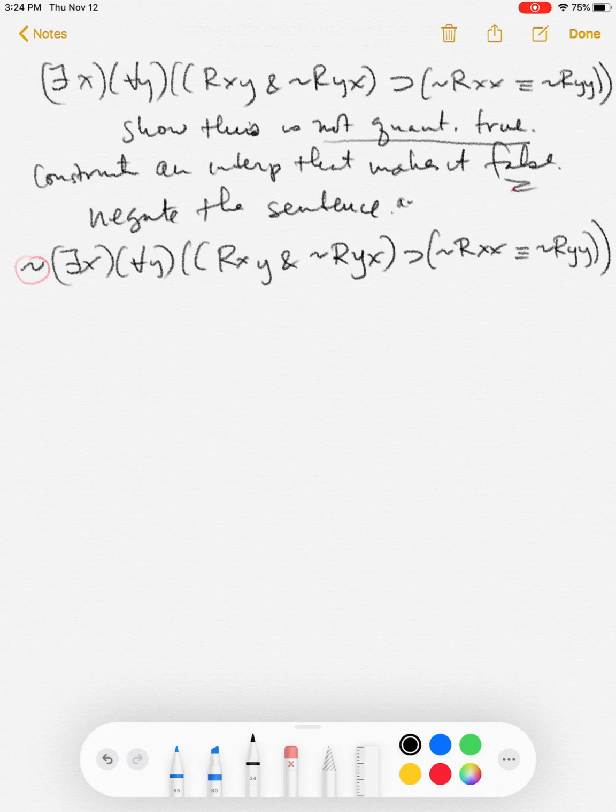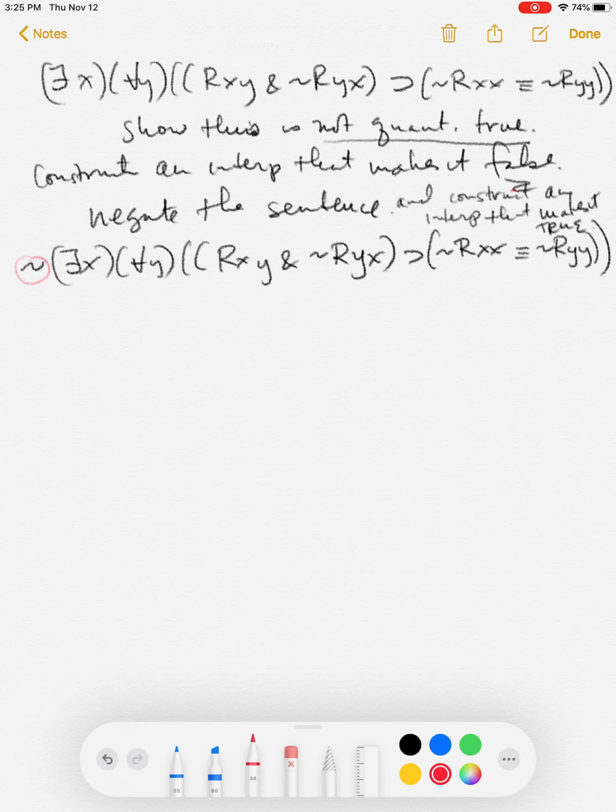Negate the sentence and construct an interpretation that makes it true, which would be equivalent to finding an interpretation that makes the original sentence false. Okay, so where were we?